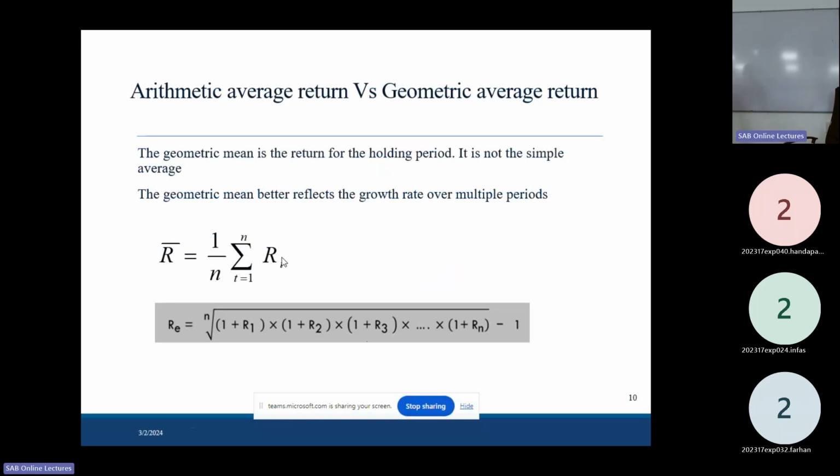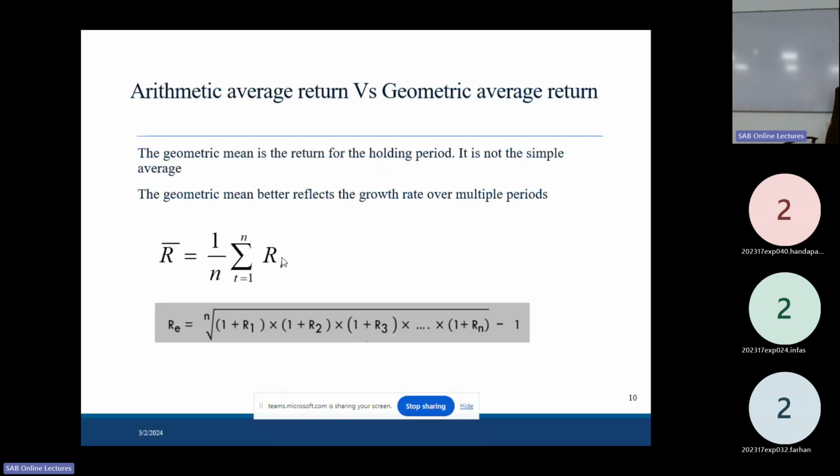If you need to calculate holding period return, as we discussed earlier, you can calculate it using the holding period return formula. If it is over a long period, you can apply the statistical tool geometric mean to calculate the holding period return, not the arithmetic mean.